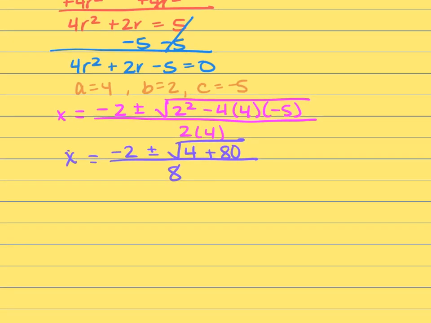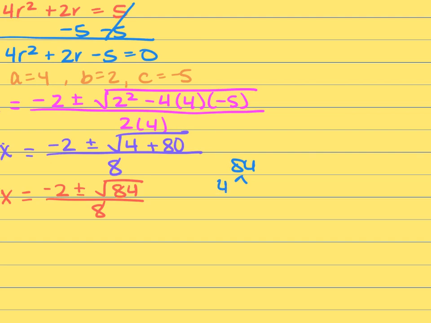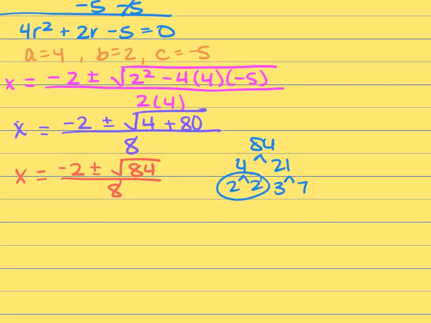So from here, we're going to have x is equal to negative 2 plus or minus the square root of 84 all over 8. The 84 is 4 and 21. The 4 is 2 and 2. 21 is 3 and 7, so that's 2 square root 21.